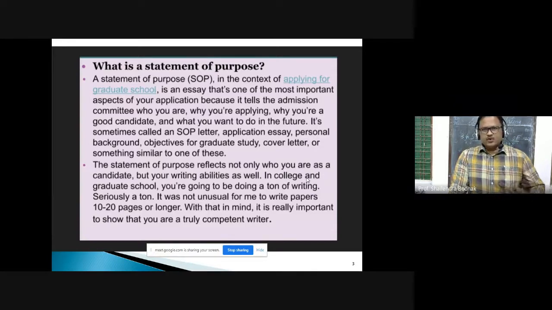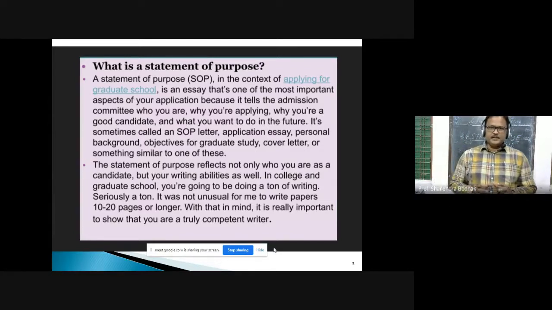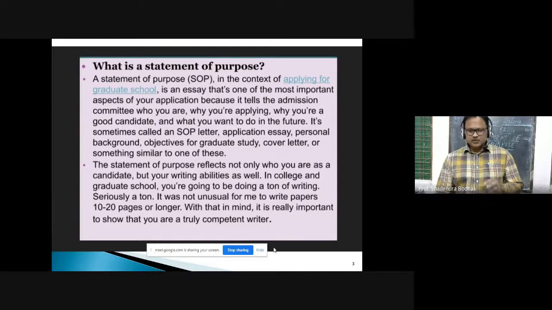You have to write more and more, tons of writing. It was not unusual for me to write papers 10 to 20 pages or longer. With that in mind, it is really important to show that you are a truly competent writer. When you write your SOP and submit it, the admission committee will read it and come to know how able, how competent you are in your writing skill.